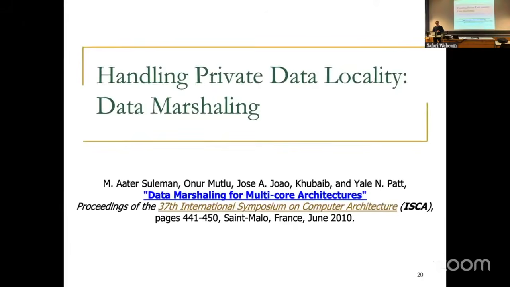Okay, now we're going to tackle another issue, which is actually something that had been bothering us while we were doing a lot of this work. And the bothering part is really this private data locality that we discussed yesterday, right? What we do when we accelerate a code section is we keep the shared data and shared locks in the same cache, because you accelerate that, at least the important code sections, on the large core.